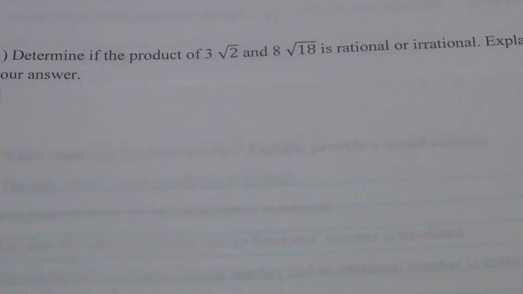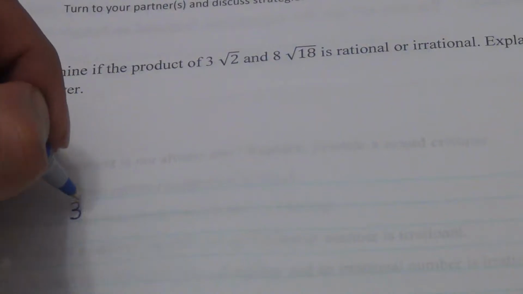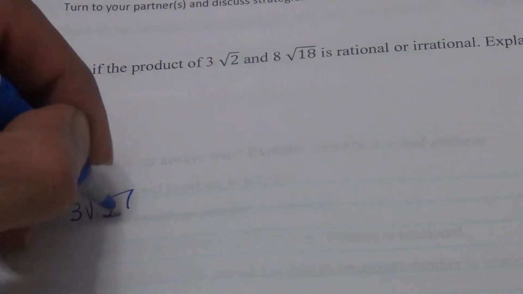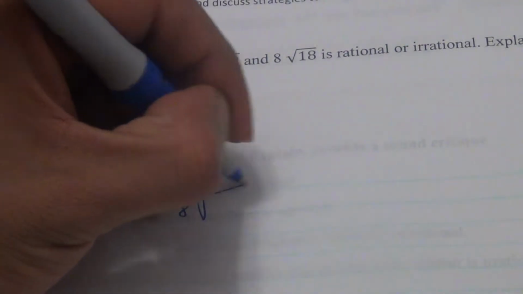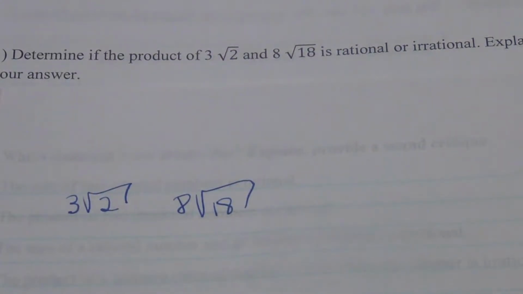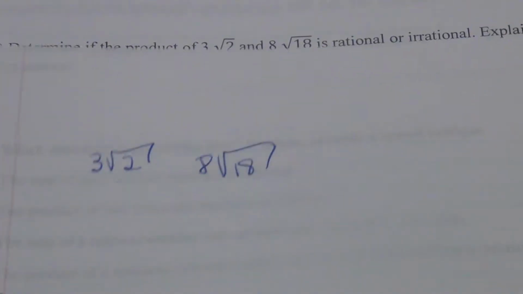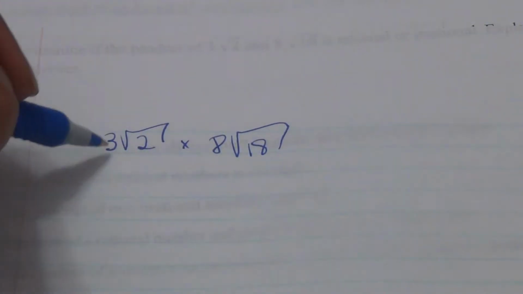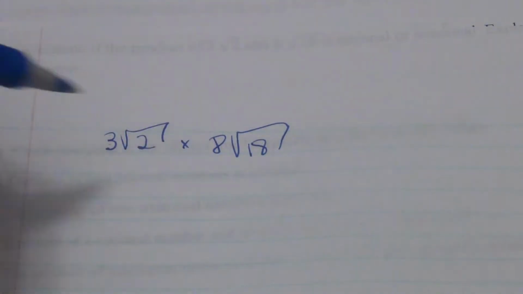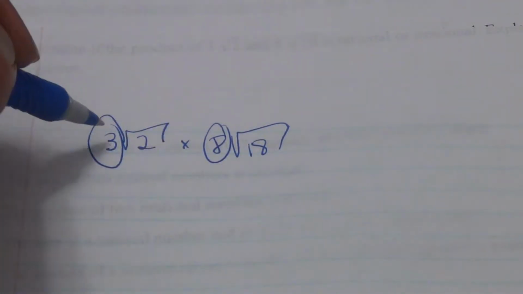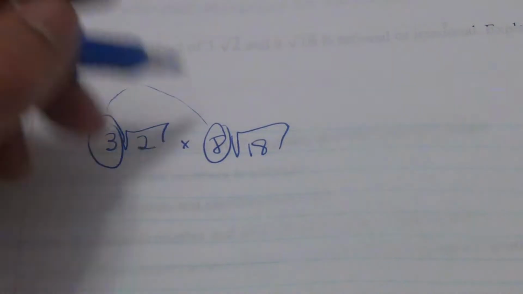So let's see now. I'm supposed to figure out 3 radical 2 and 8 radical 18. It says the product, so I'm supposed to multiply. When you multiply radicals, you multiply the rational part, which is the 3 and the 8.